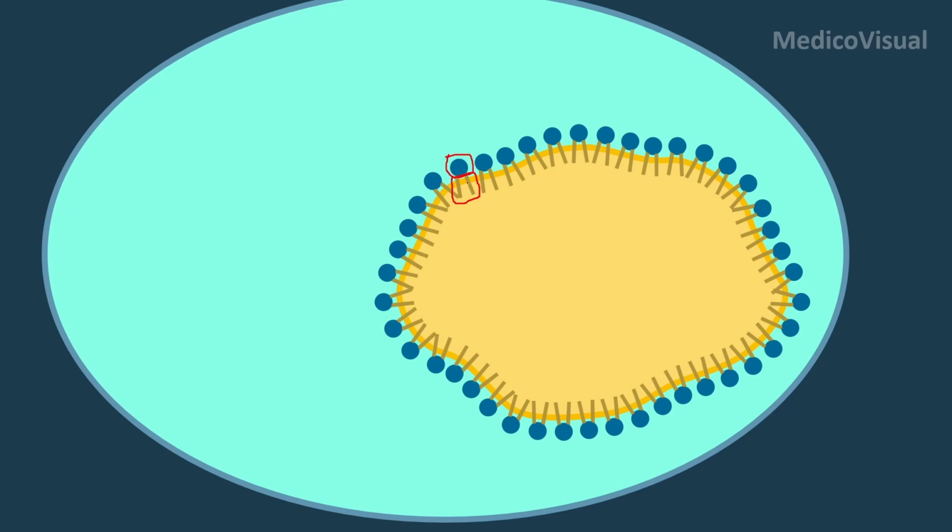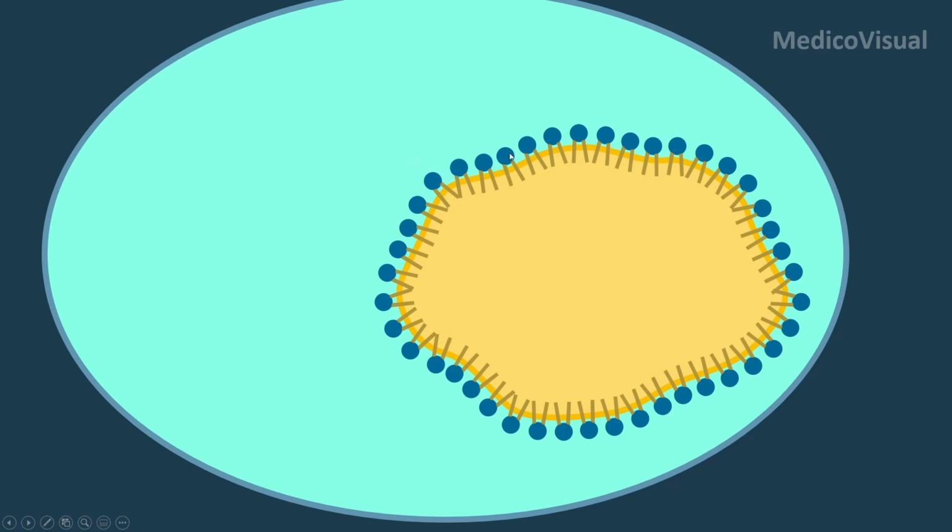So both parts are present in a single molecule. Because of this, at one end, from the hydrophobic end, they are interacting with lipids, and from the polar head, they are interacting with the aqueous environment of the cytosol.